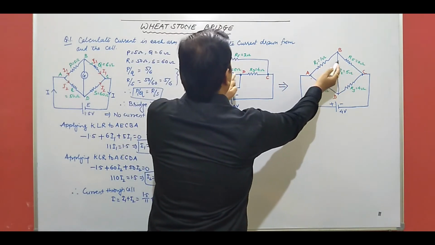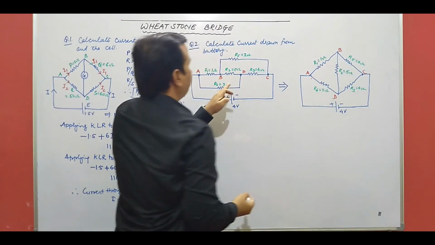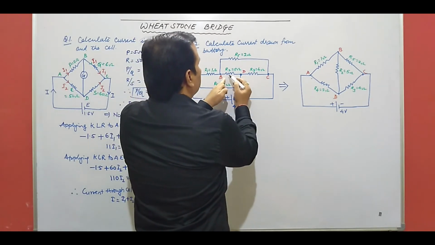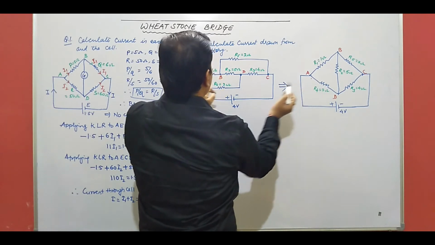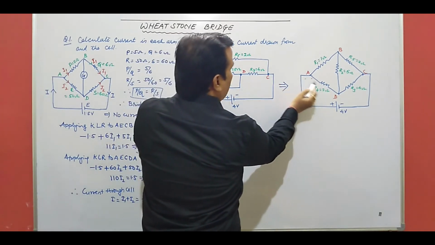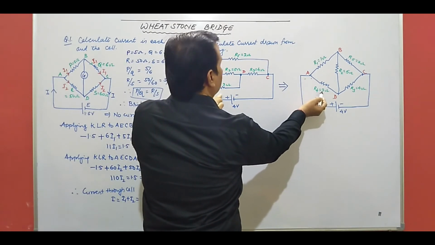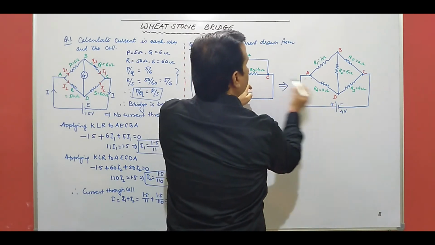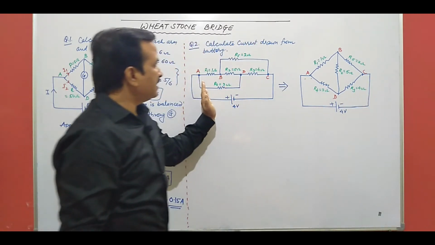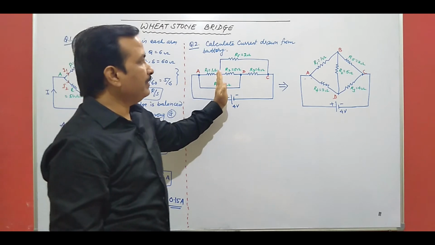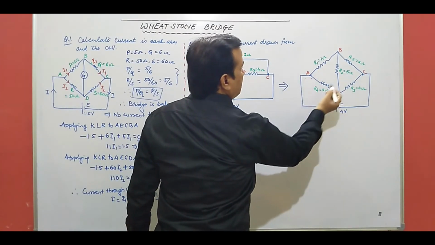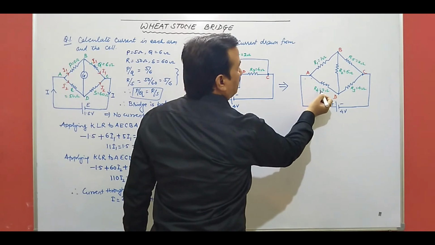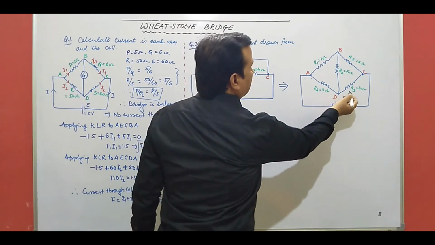B to C, this one directly. B to C, R5 equal to 2 ohm. Then you see B to D is 5 ohm. Okay. A to D, this one, 2 ohm. And you see D to C, 4 ohm. So to solve this, you need to make this easier circuit diagram. R1 upon this and R4 upon this.